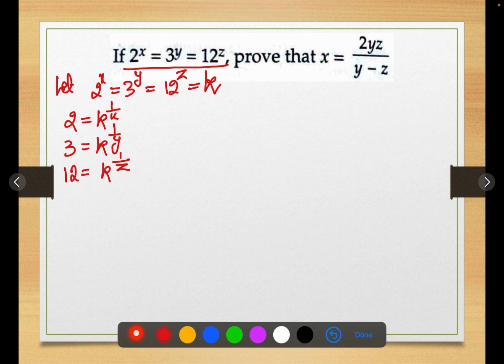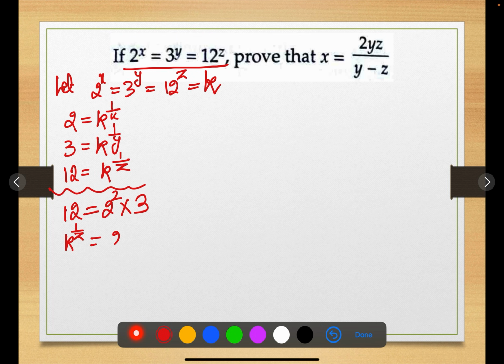Now what is the prime factorization for 12? 12 is equal to 2 squared into 3. Put the values in terms of k. So, k to the power 1 upon z is equal to k to the power 2 upon x, since it is 2 squared, into k to the power 1 upon y. Let's start combining the powers.